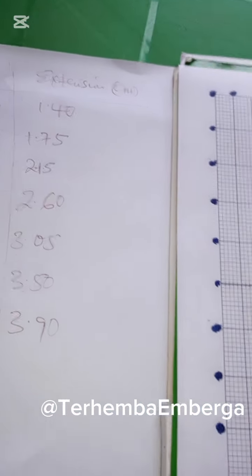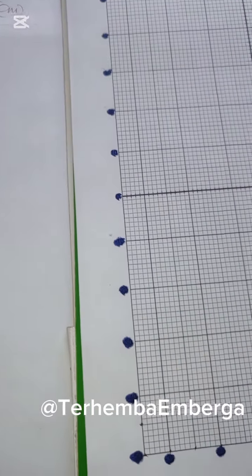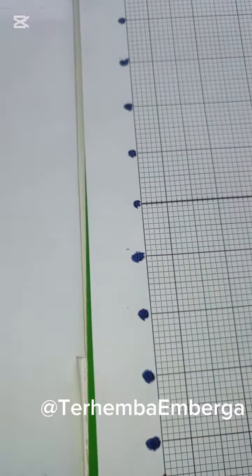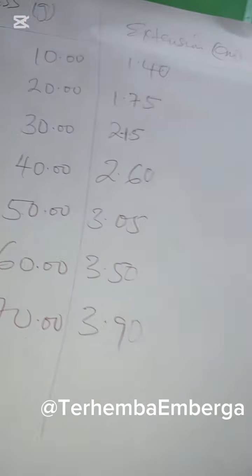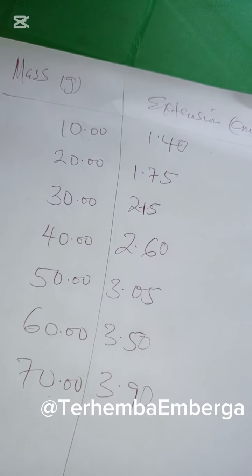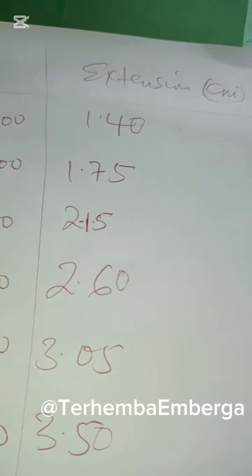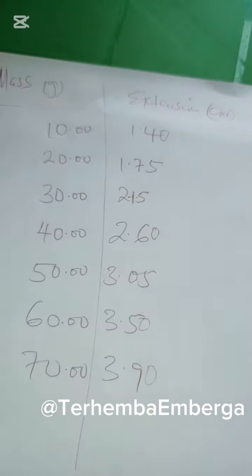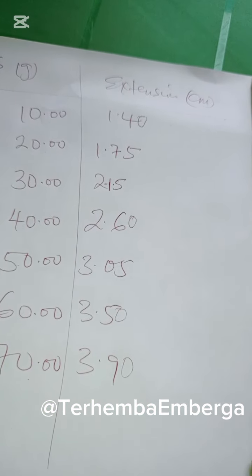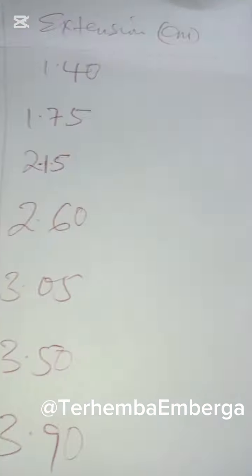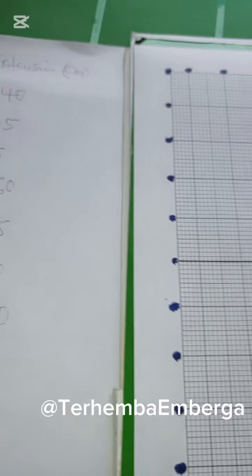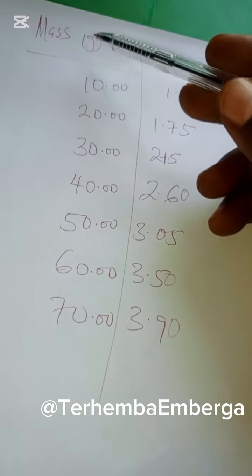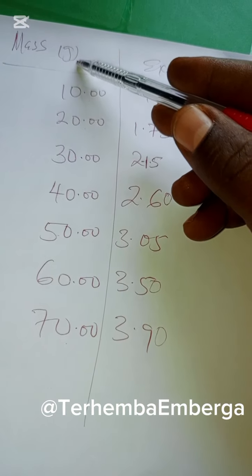So, the first thing to do here is to label your axis. We are plotting mass in grams against extension. So it means that mass will be on the y-axis, while extension will be on the horizontal axis. But the mass we are plotting is in grams.